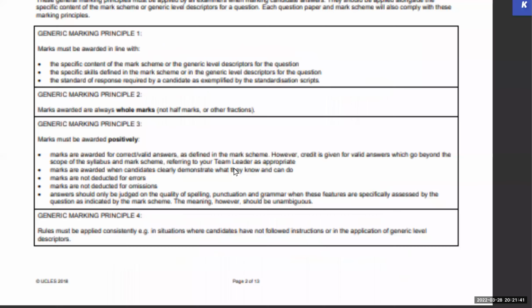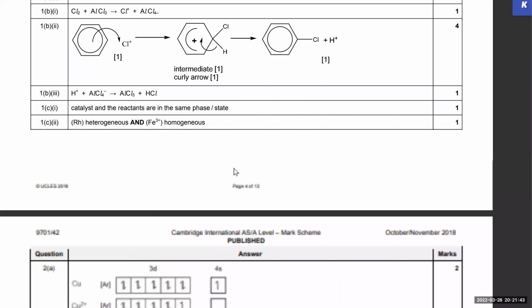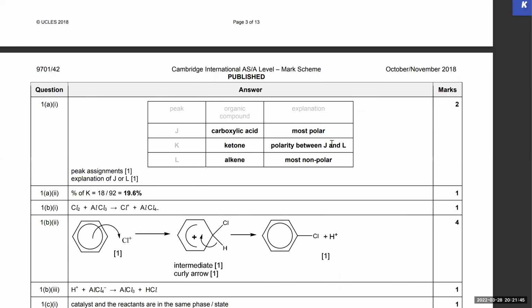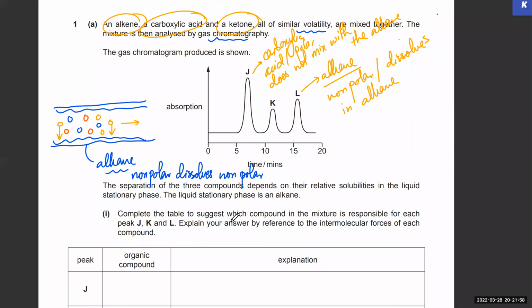Which paper is this? That's the first one. So he just gave a one-word explanation, which was most polar. We wrote further explanation, which was that polar dissolves polar. So moving to the next question.